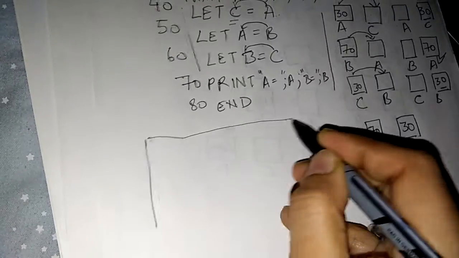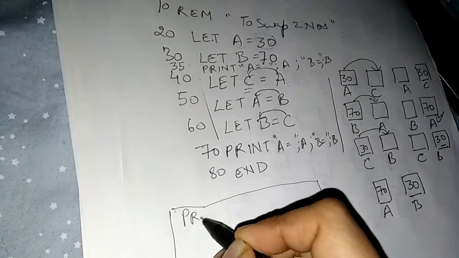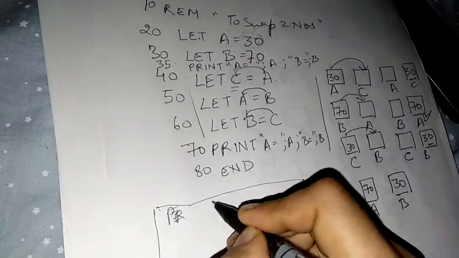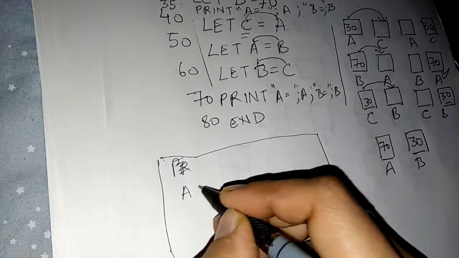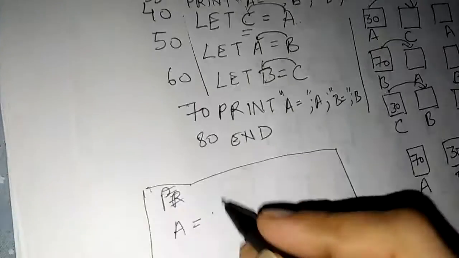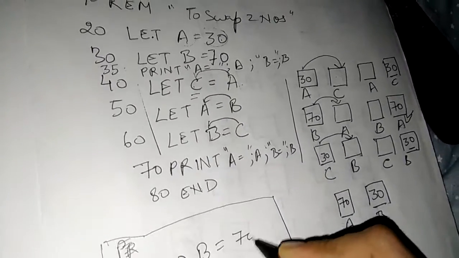Now how will this program work? I have taken the value of A as 30 and B as 70. The first print statement will print whatever is written in double quotes: A = A, the initial value of A before the swapping statements, which is 30, and B = 70.